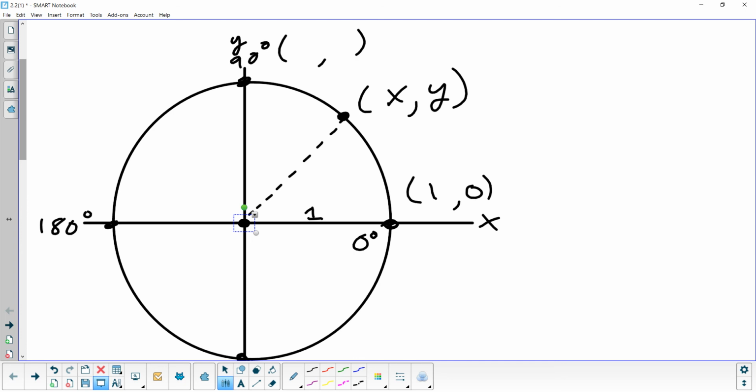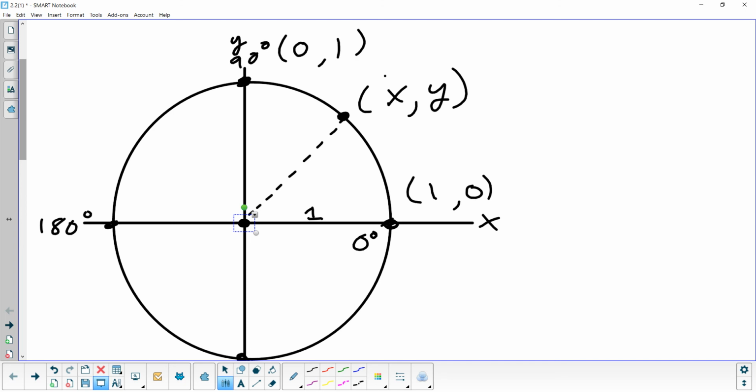If I went up 90, I'd be very, very high. Anyone have another guess? 1, 1 would put you right 1, up 1, about right there. Pete? 0, 1? Yes, 0, 1.